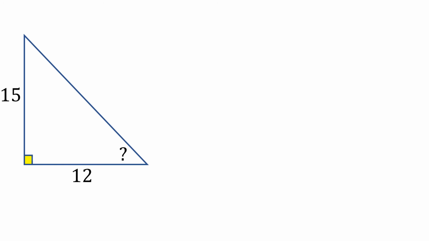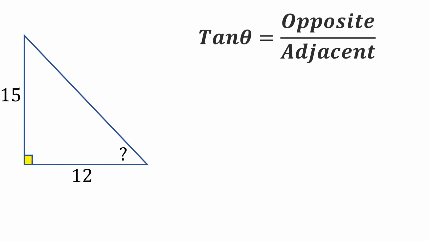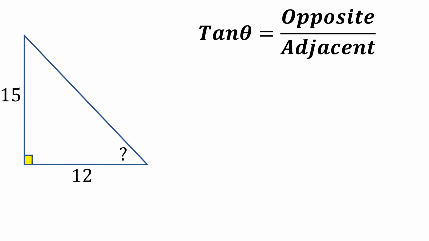That means we need to use TOA, or tangent theta is equal to opposite over adjacent. So let us substitute. So tangent of the angle, which is the missing, is equal to 15, which is the opposite, over 12, which is the adjacent.